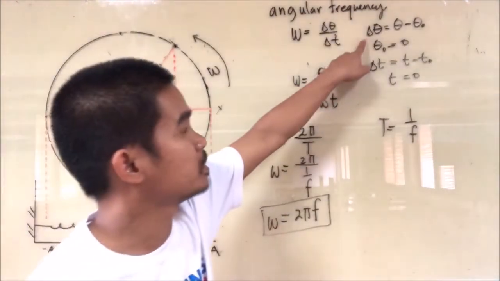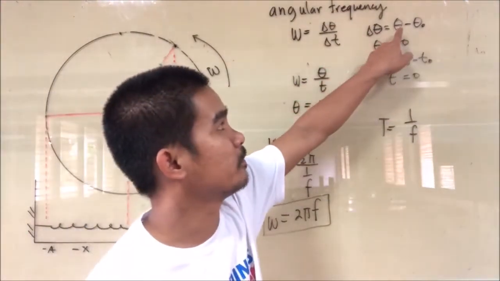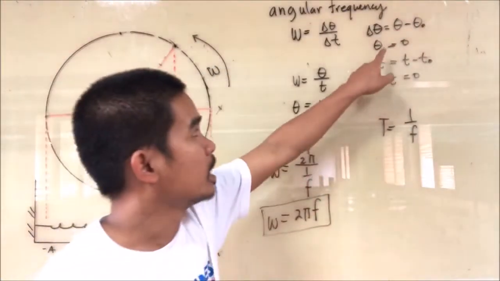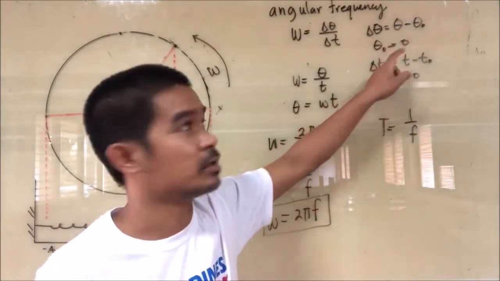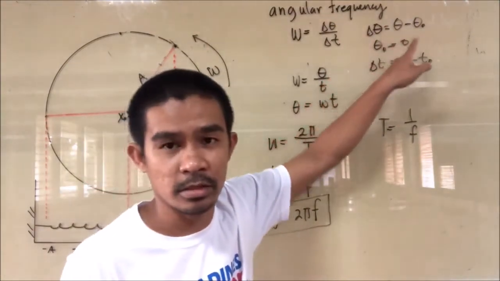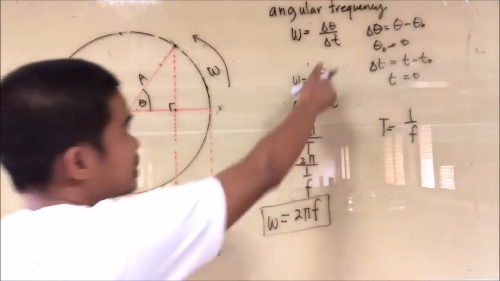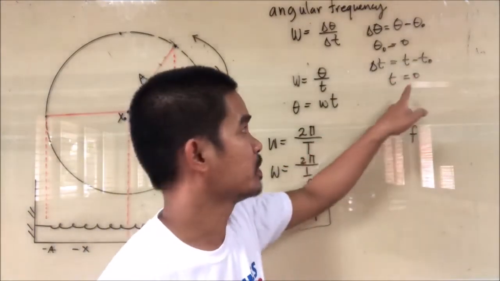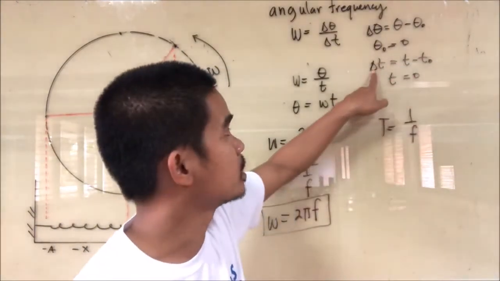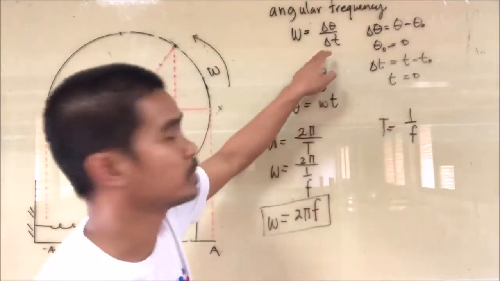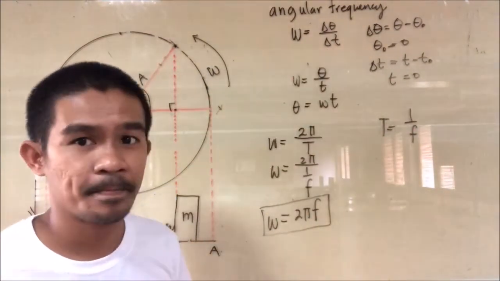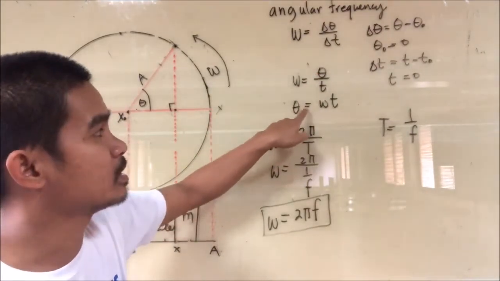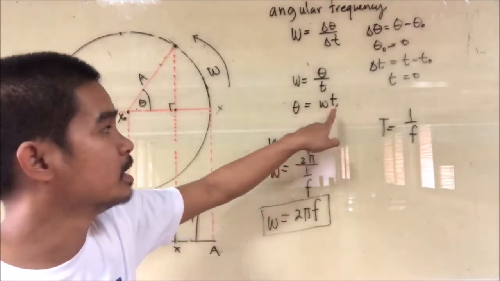The change of angular displacement is the final angular displacement minus the initial angular displacement, and the initial angular displacement is 0, so delta theta is equal to theta. And delta t is final time minus initial time, and the initial time equals 0, so delta t will be equal to t. So we replace delta t by t, or to find the equation of theta, theta is equal to the angular frequency omega times time.